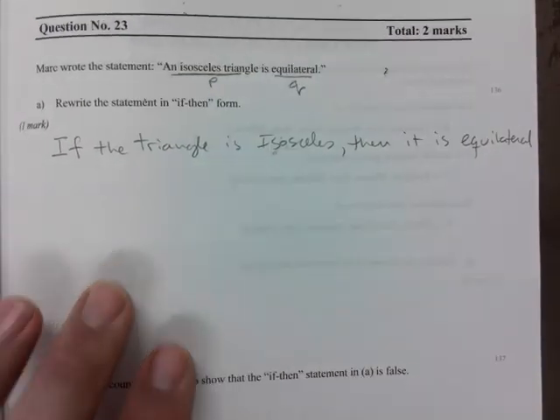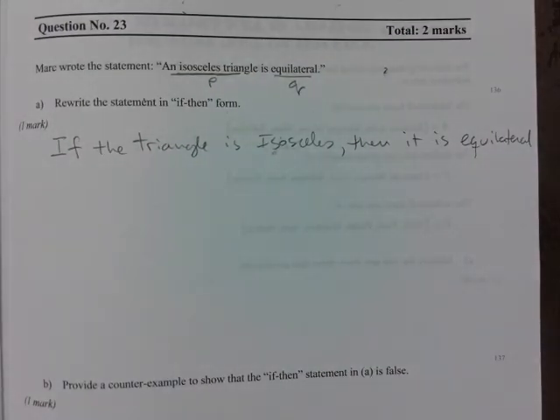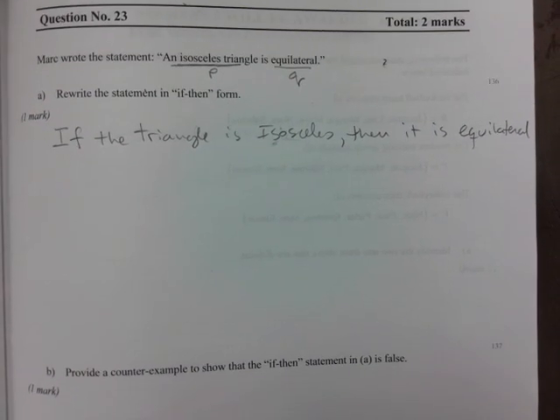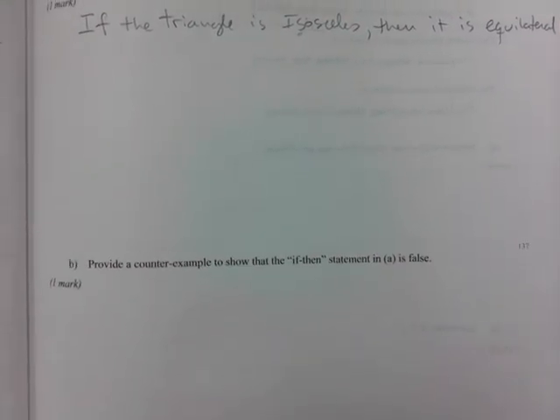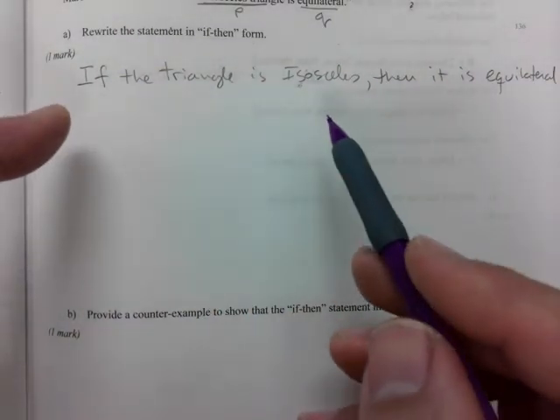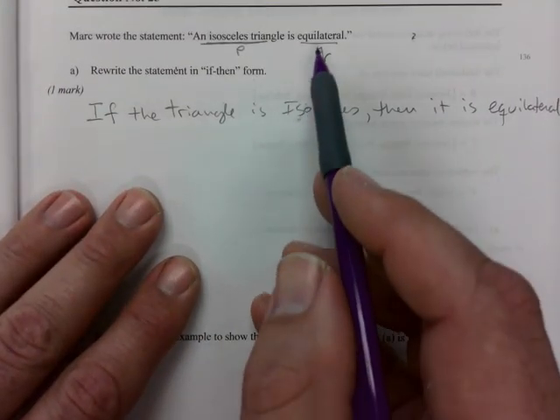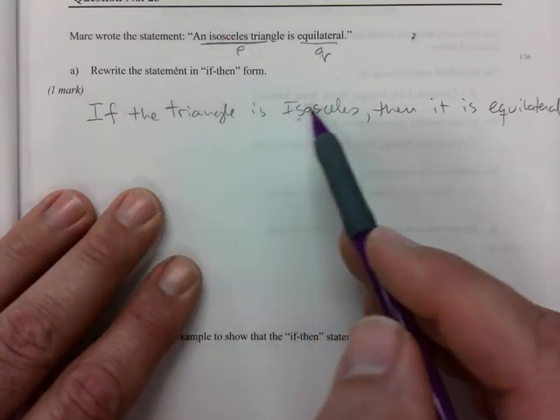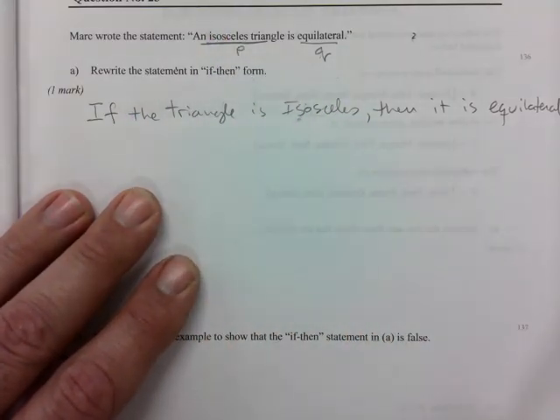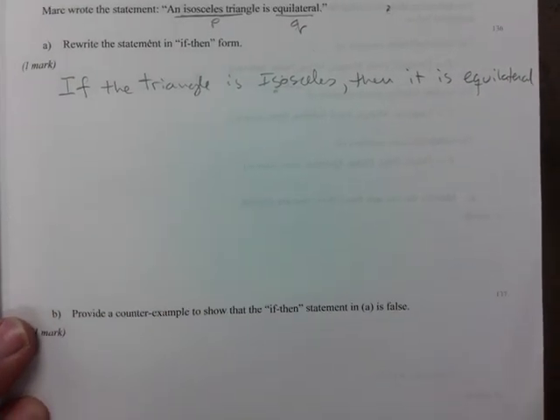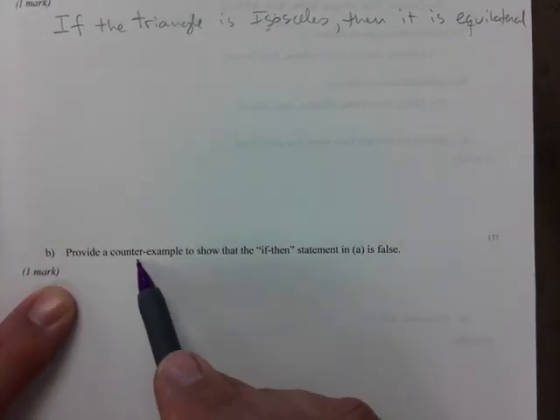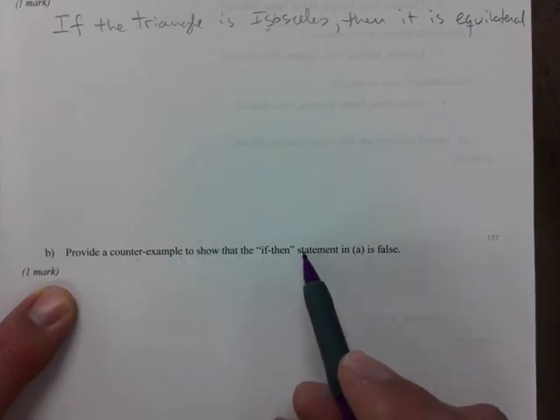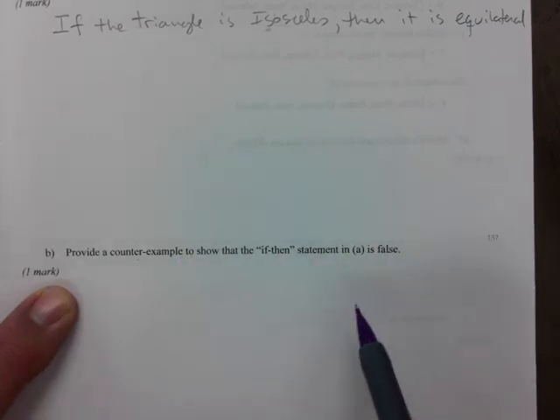We're not saying whether or not the statement is true, but that's how you would rewrite it. Okay? If-then. Because you have to have, if something happens, then something else is true. And equilateral is definitely our Q. This part is our P, so I just had to think about how I would set it up to make it an if-then statement.